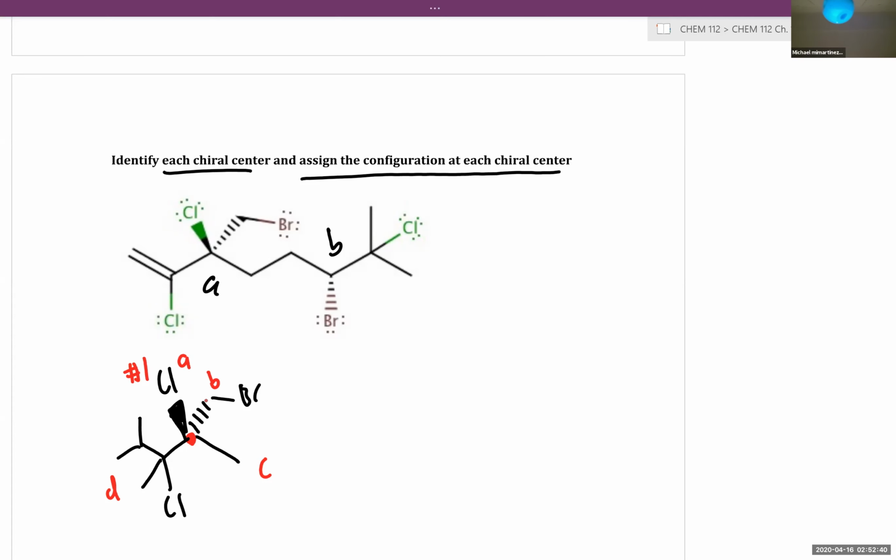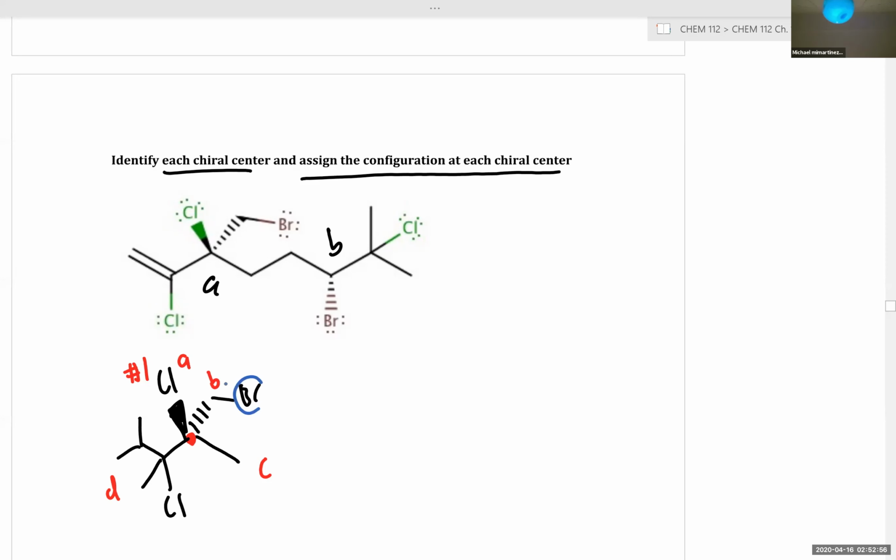Okay, wonderful. So which group gets priority 2? B, C, or D? Which group is second in priority? Yep, a lot of people typing B. Bromine wins over chlorine. Okay, group D gets priority 3 and group C gets priority 4.